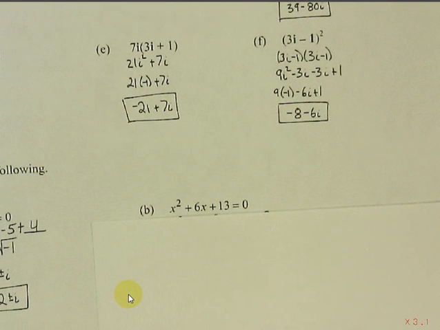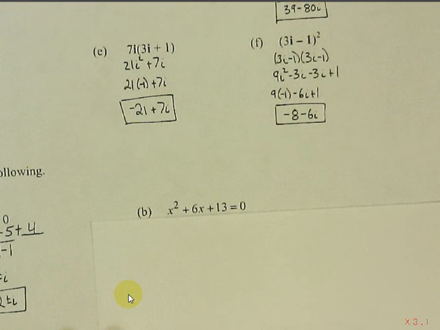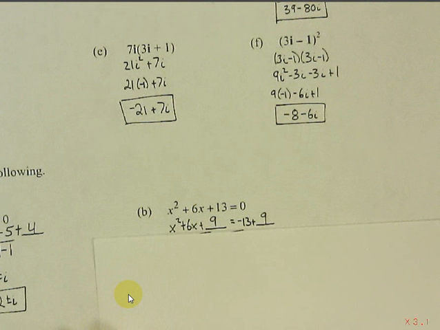Okay, once again, we could use the quadratic formula here, or we can complete the square. If we complete the square, we can subtract the 13 to the other side. And then take half of our b and square it. So half of 6 squared is 9. We're going to add 9 to both sides. Then we factor the left side, which is going to give us x plus 3 quantity squared.